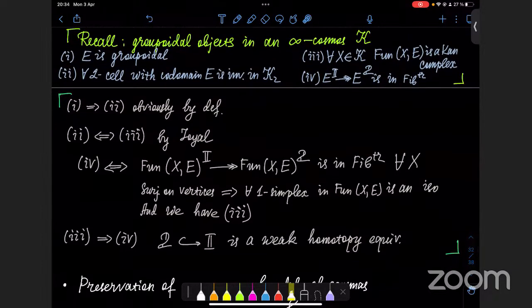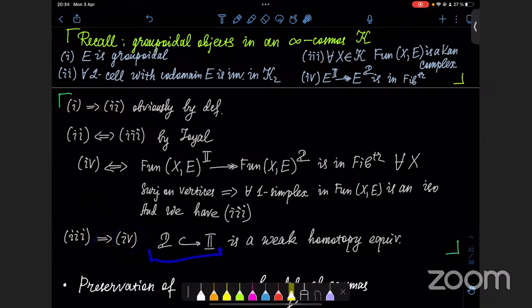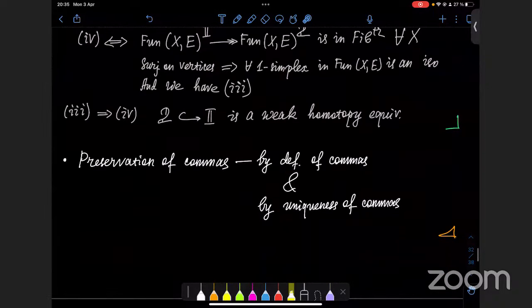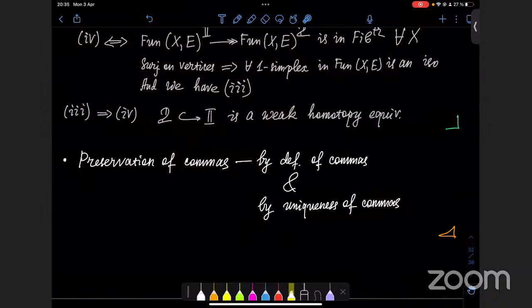The third condition implies the first one, just from the fact that this inclusion is a weak homotopy equivalence. And the preservation of comma objects follows from the definition of commas, of course, and by uniqueness of comma objects modulo fibered isomorphisms.